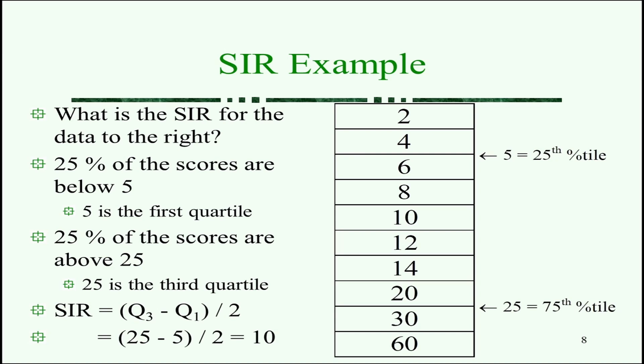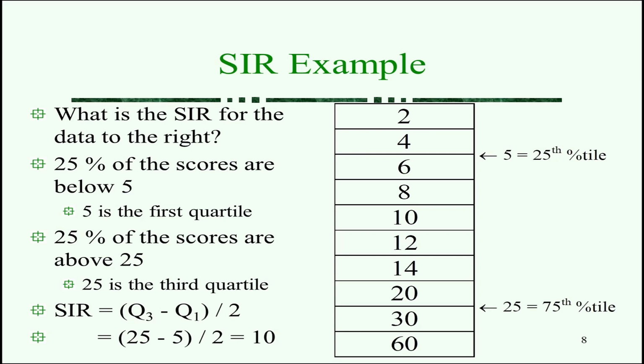So we are finding the value of the 25th percentile, and we get 5 as the first quartile. Next, 25% of the scores are above 25, that is, 25 is the third quartile, which means the 75th percentile. Here we are finding the 75th percentile, which is near 20 to 30, which can be seen on the right side.